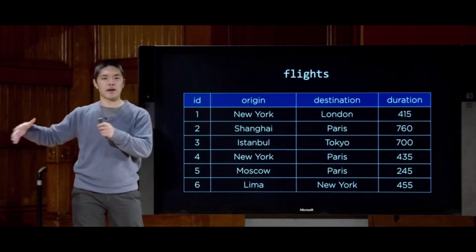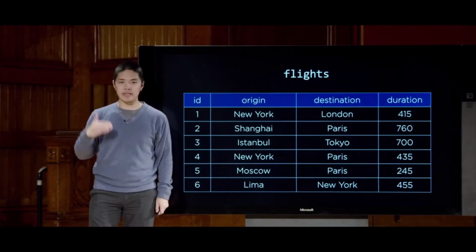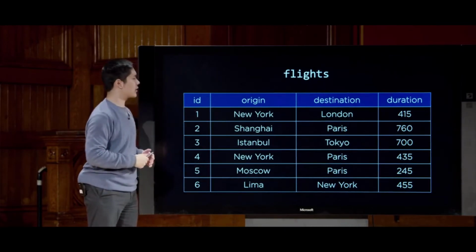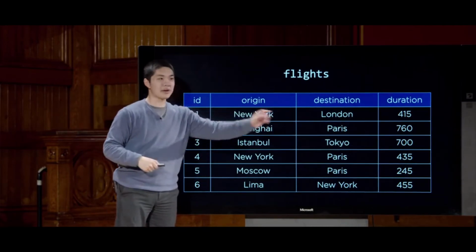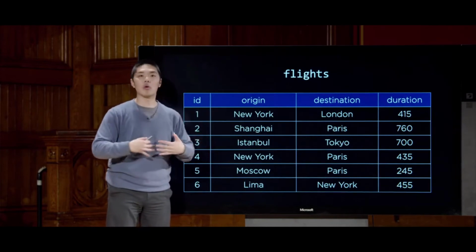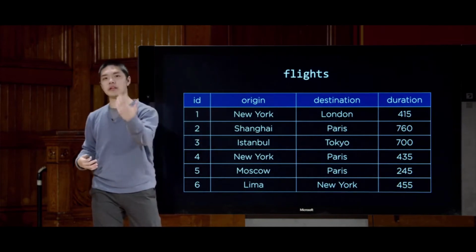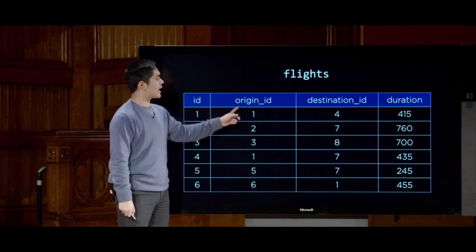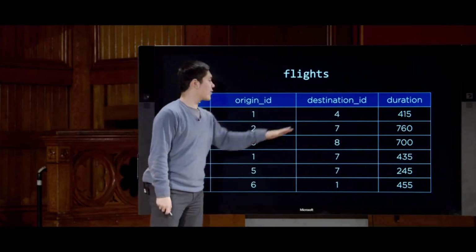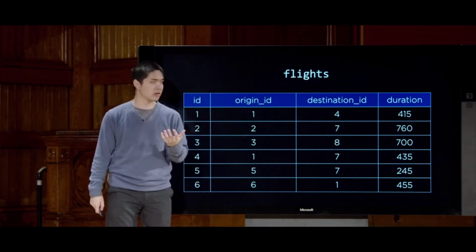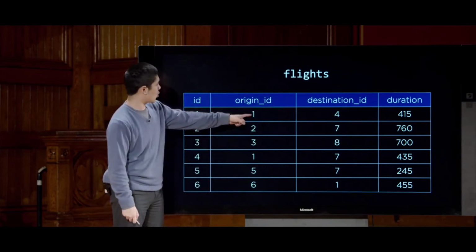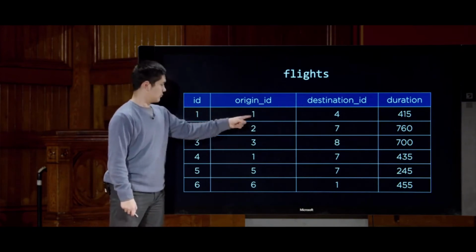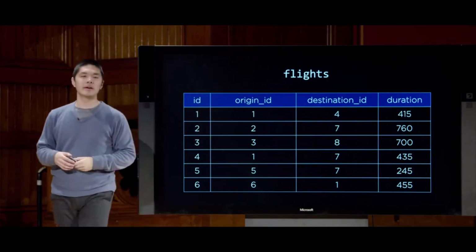Well, now that I have this separate airports table, where every row in the airports table has its own unique ID, then instead of storing an origin and a destination as text, I can store what we'll call a foreign key, a reference to a key in another table, and rename these columns to origin ID and destination ID, that instead of storing text, are going to store a number, where origin ID 1 means the origin of flight 1 is whatever airport number 1 happens to be.